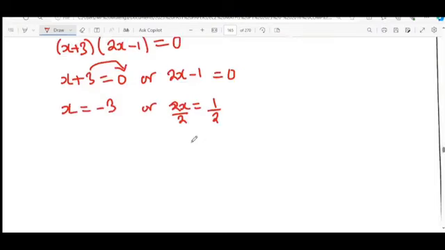So our final answer right here, we are going to say, therefore, x is equal to negative 3, or x is equal to half. So these were the 2 possible values of x.